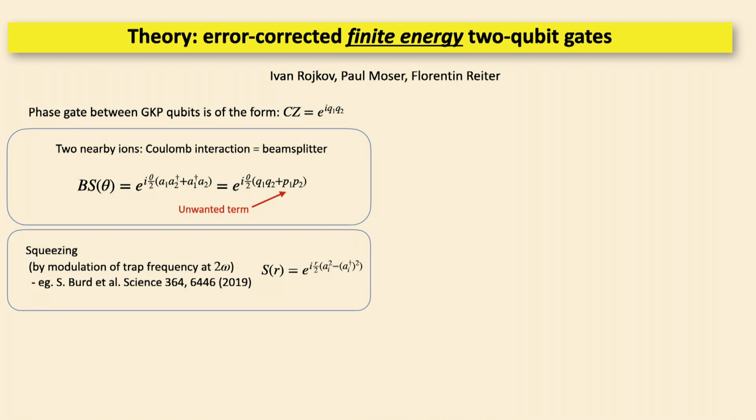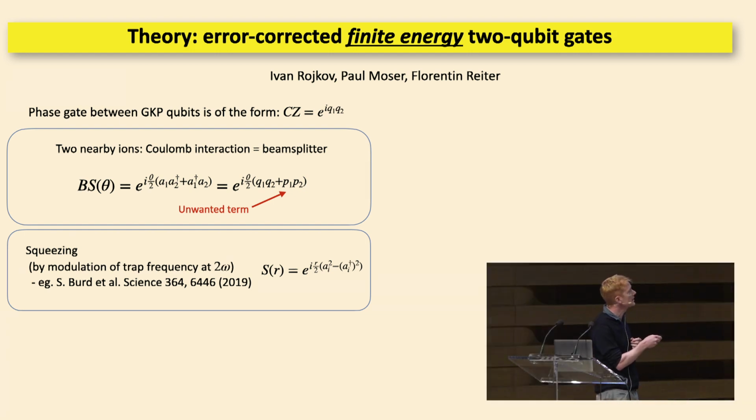So the basic deal is, if you have two ions and they both have an oscillator state, then they interact via a beam splitter interaction, fundamentally. That's not quite the gate that we would like to have. What we want is a phase shift that depends on the position of both these oscillators. And the beam splitter also has this momentum term that we don't want. But there's been nice work from NIST demonstrating squeezing of the quadratures of the oscillator.